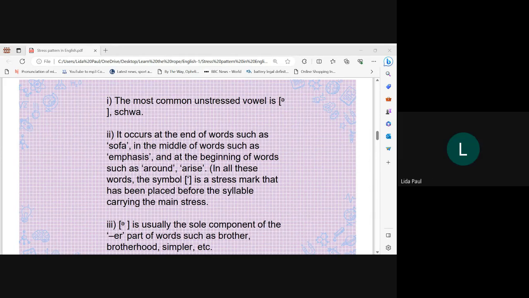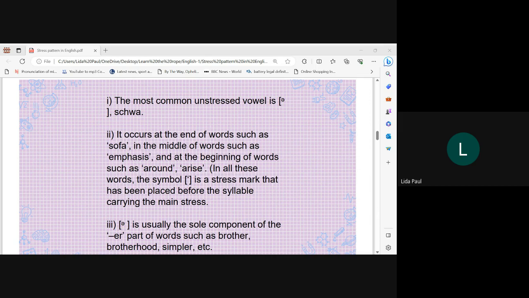Okay, so like the second point mentions, you can have the schwa appearing in the word initial position, the word mid position, or the word final position, right? It may appear anywhere, like all your other vowel sounds. They can also appear in the beginning, in the middle, or at the end of the word. No matter where they appear, when they are part of a syllable, that syllable is going to be unstressed. That's the takeaway point here.